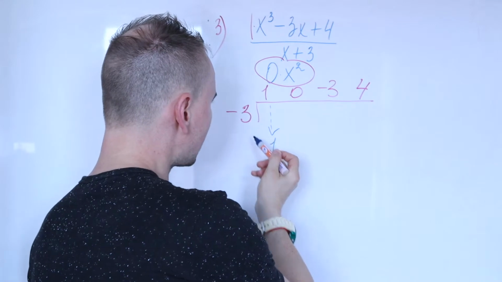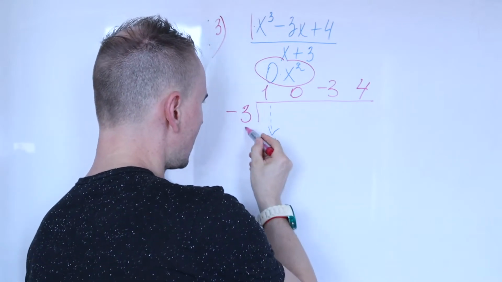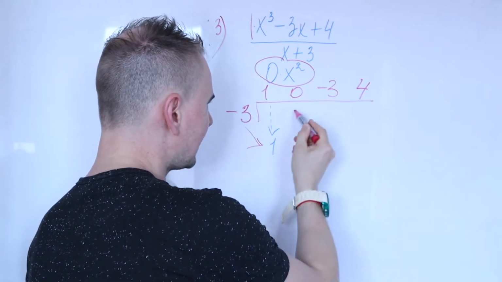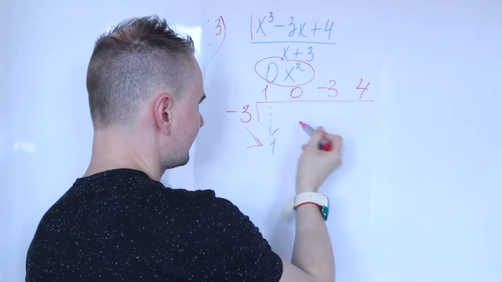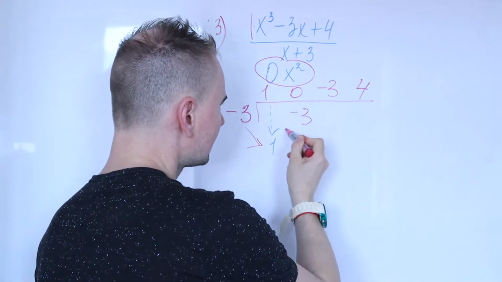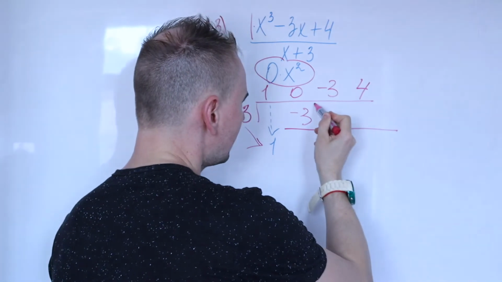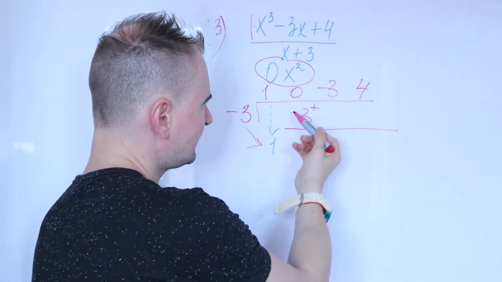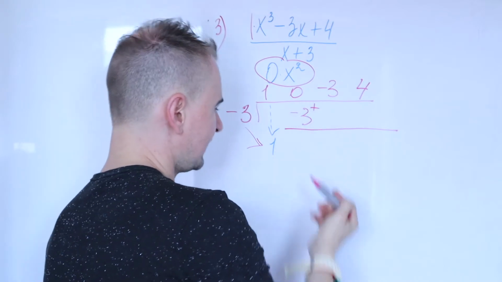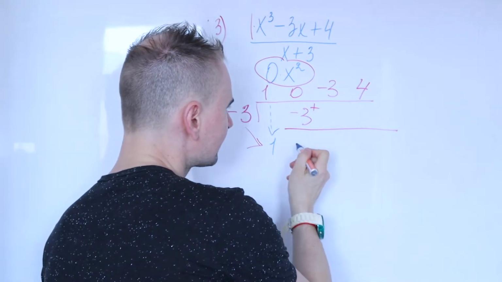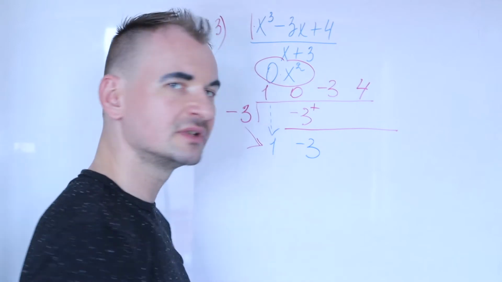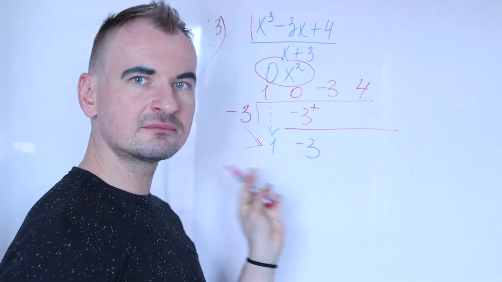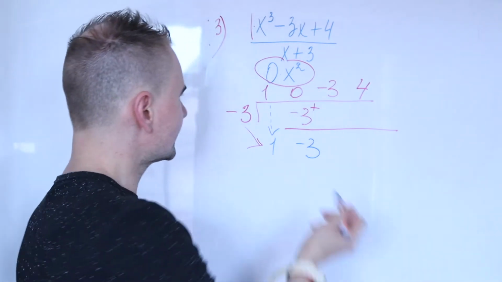We're going to multiply this negative 3 by 1, and I'm going to place this number over there. It becomes negative 3, and I'm going to add them vertically this way. 0 plus negative 3 gives you negative 3. I'm going to write it here, and from that point I'm going to repeat the process.